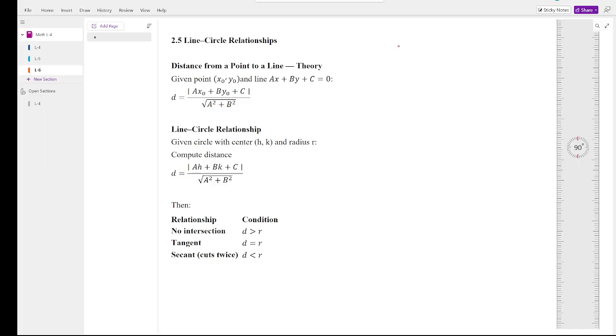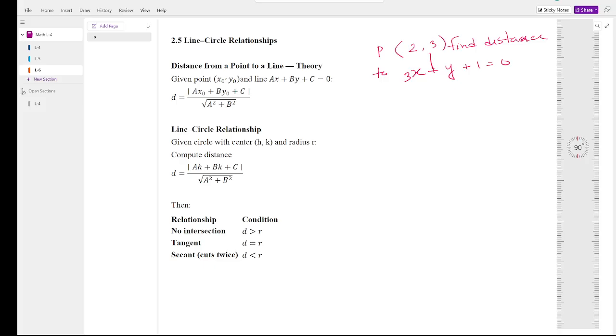If a point is (2, 3), now find the distance to the line 3x plus y plus 1 equal to 0.